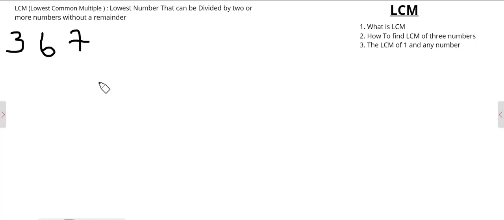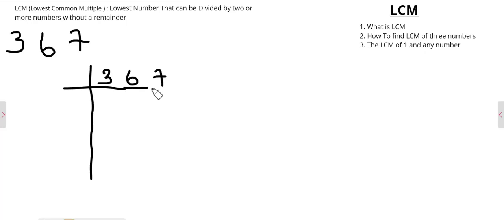Remember, when we started, we said bring down your long division line, and then we put the numbers here. So we have 3 and 6. Now we have 3 numbers, so you bring the third number here, which is 7. So we start by dividing the numbers then.